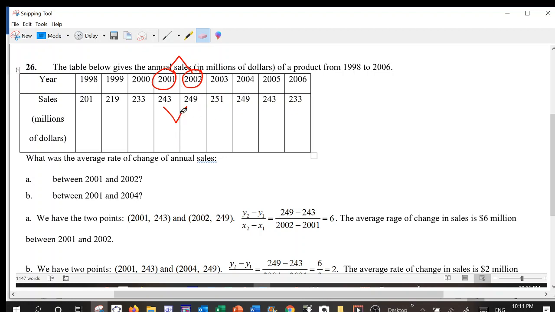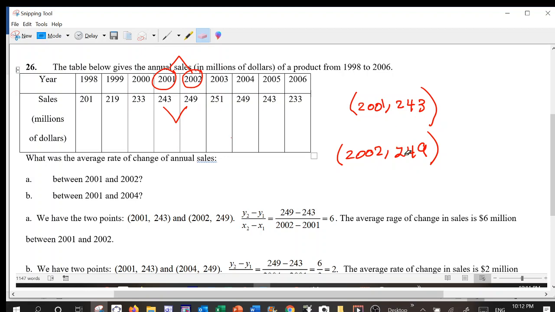So we're going to basically take these two as two points. In 2001, the sale was $243 million, and in 2002 it was $249 million. So these are in millions, right?